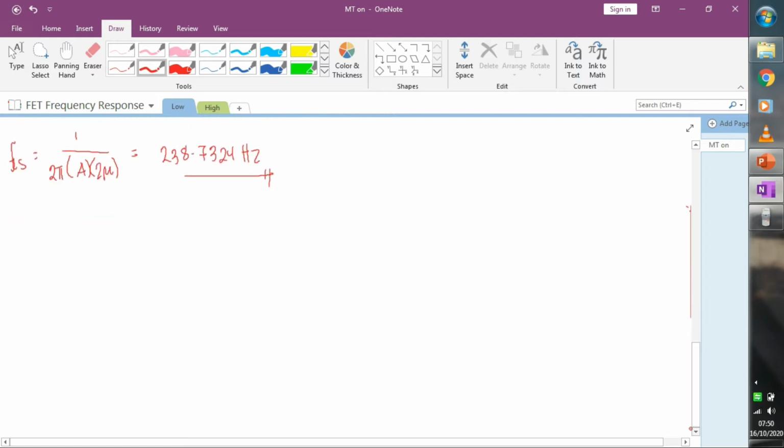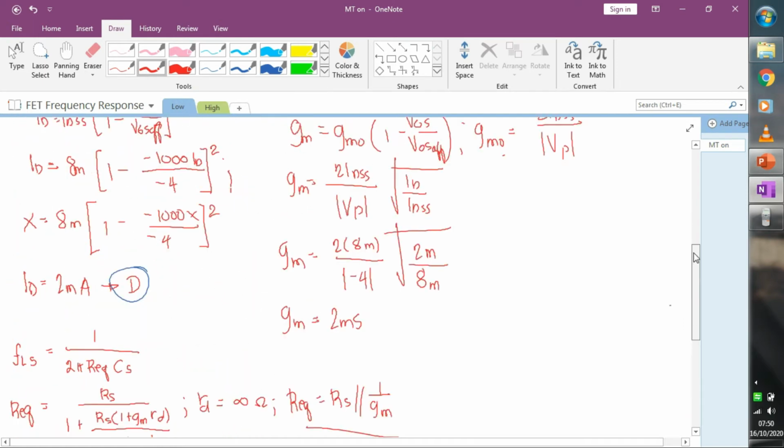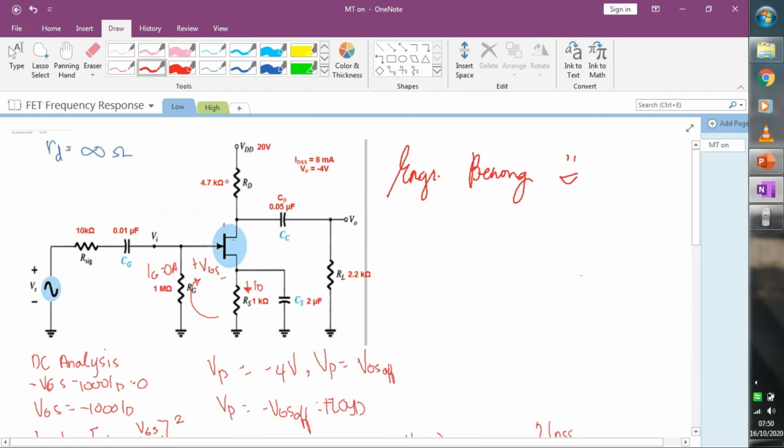Next, we could start computing the value of your FLG, and that is equal to 1 over 2 pi times the sum of your R signal plus Zi times Cg. In our case, on our circuit, your Zi is just equal to the value of your Rg, because that is the only one on the input side.